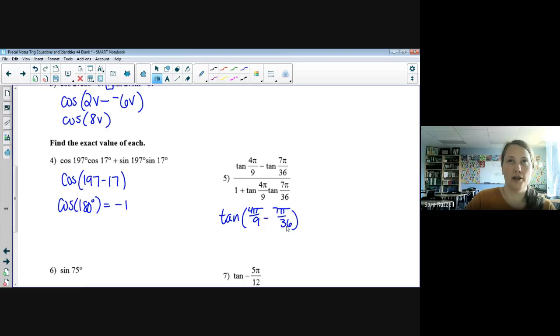We have to have a common denominator, don't we? I can make this denominator 36, can I? So what do I need to multiply on top and bottom to make that 36? A 4. And it'll work. Okay. So tangent of 16 pi over 36 minus 7 pi over 36.